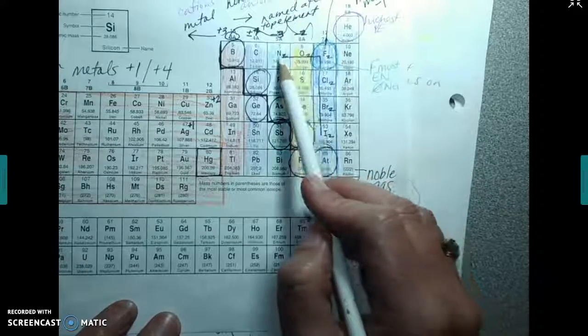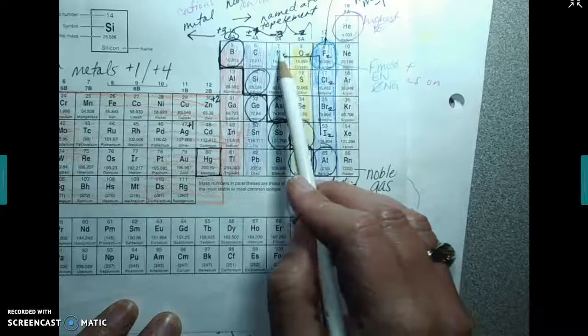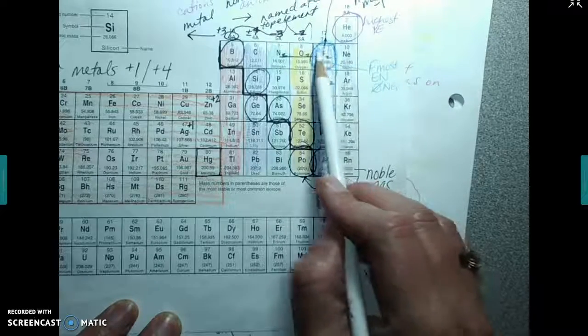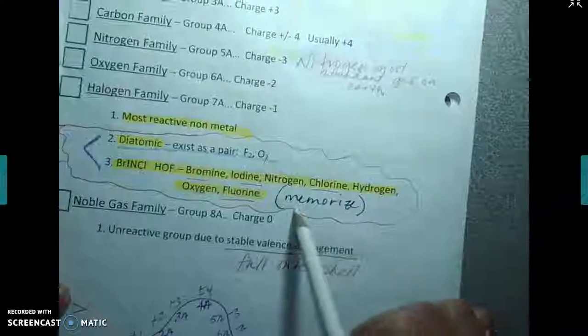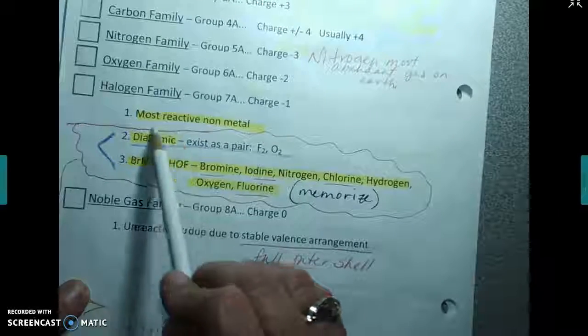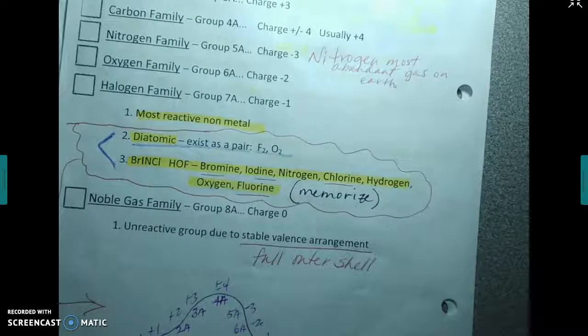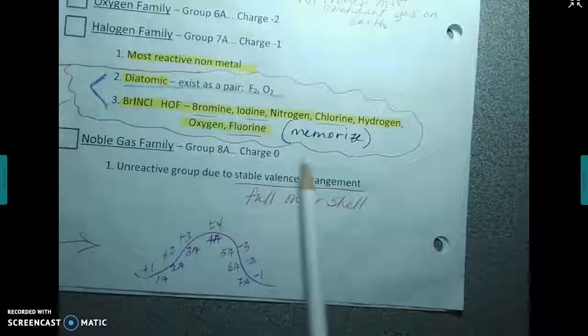A way to remember this is they make a magic 7 on the periodic table, along with nitrogen, oxygen, fluorine, chlorine, bromine, and iodine, but don't forget hydrogen over here. You must memorize the Brinkelhoff twins. These are the 7 diatomic molecules that are never found alone in nature. They're only found in pairs.